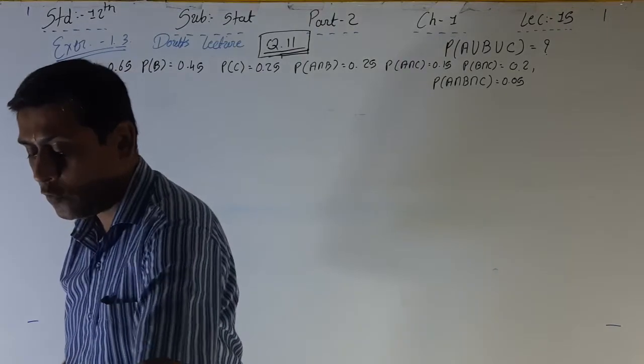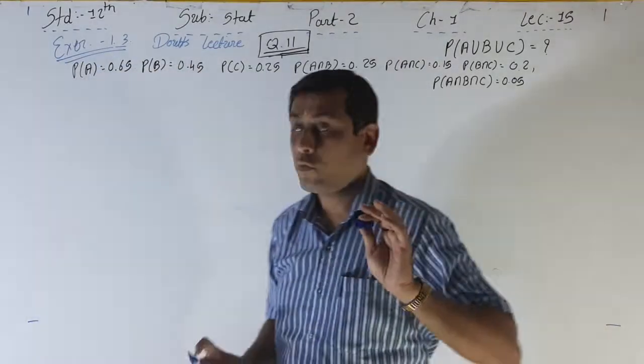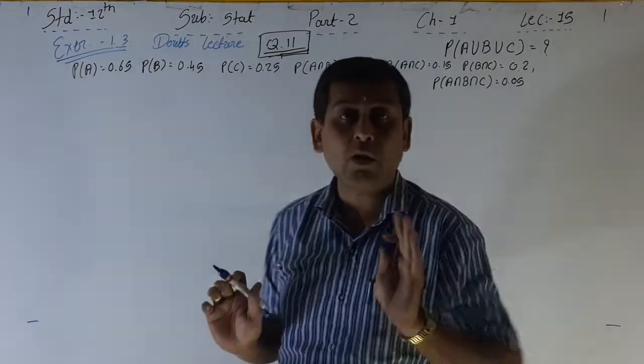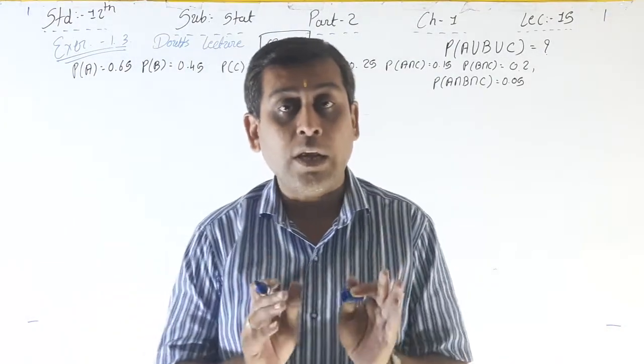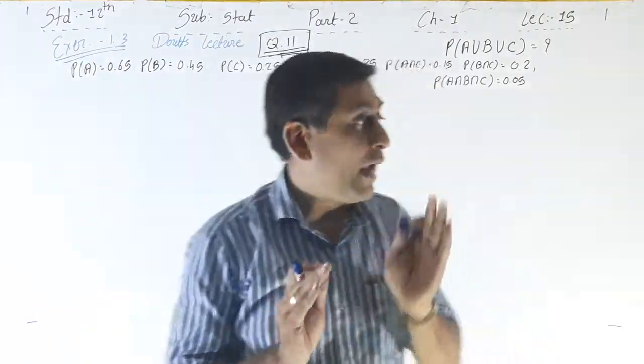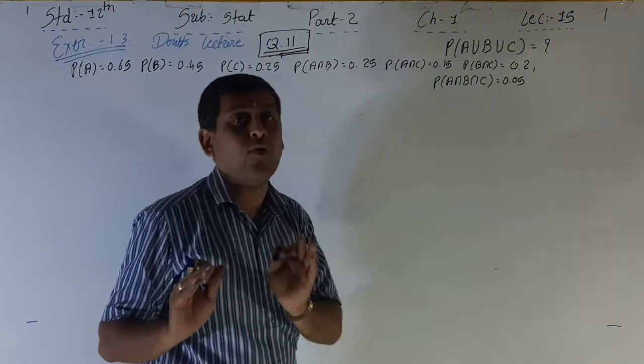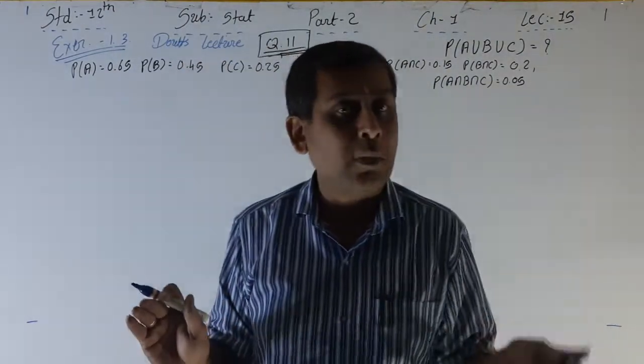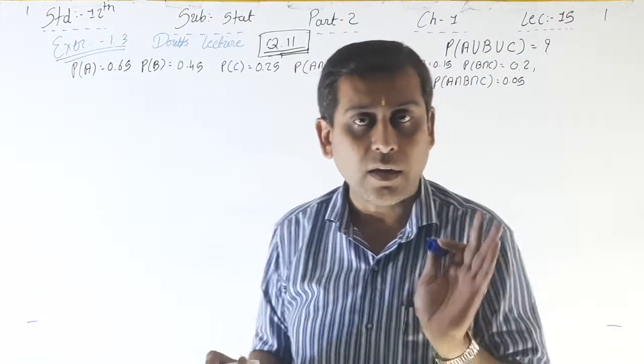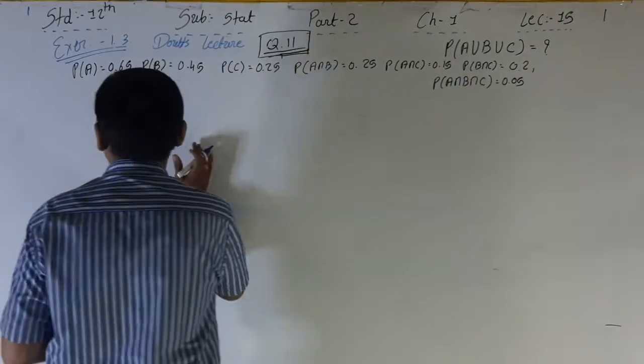All the values are given here. We just have to find the value of P of A union B union C by putting in the formula and putting the values with plus or minus, then your answer is ready. Very easy sum.